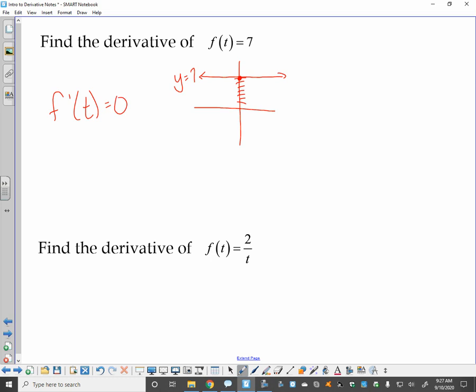I mean, you can do the formula, but there's no point. If you recognize what a derivative is, then you can do that with no work whatsoever. The derivative of a constant is always 0, because the horizontal line is always 0.